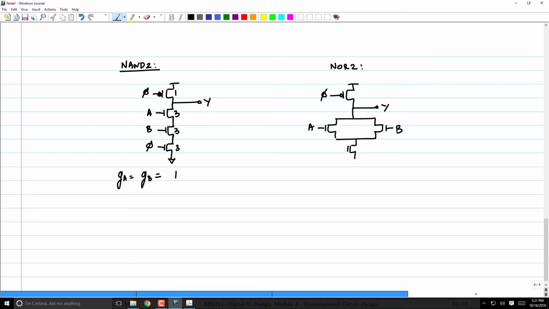Now I add a footer device. Sorry, this is an NMOS, again connected to the clock. So what's the size of the transistors now? PMOS is 1. NMOS 2 and 2. What if I made this NOR 3? Same thing, right?